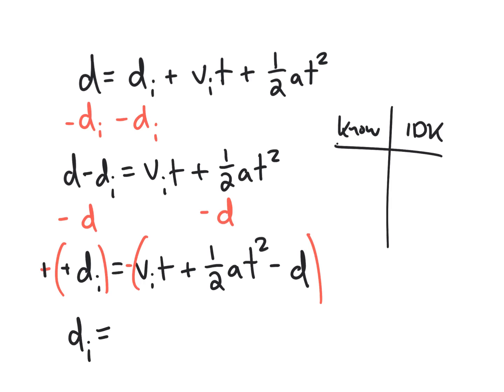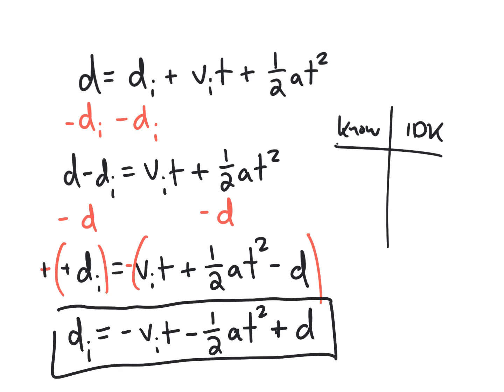I would get d sub i equals negative v sub i times t minus, distributing the negative, half of a t squared minus d, so plus d. So that's how I would solve for d sub i. And so I would go to my knowns and unknowns. My unknown would be d sub i. Hopefully everything else would be in my knowns, and I would just plug them in. So that's solving for d sub i.